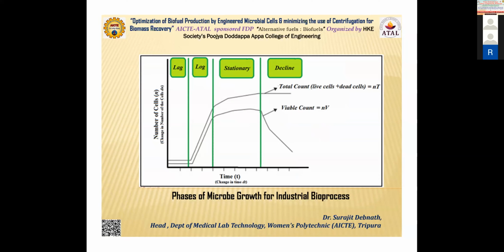Can you see 4 different phases? Lag phase, log phase, then a stationary phase and then a decline phase. It has been seen that during the stationary phase, and what is the stationary phase? The stationary phase is the phase where the organism is very comfortable. Initially, in the lag phase, the organism is not very comfortable because it has come to a new environment.